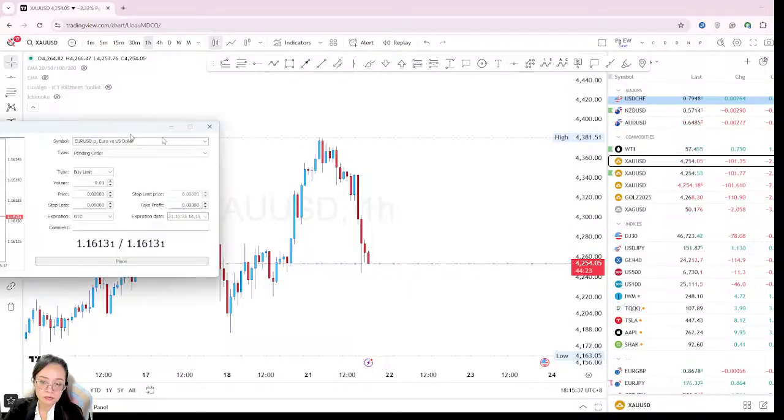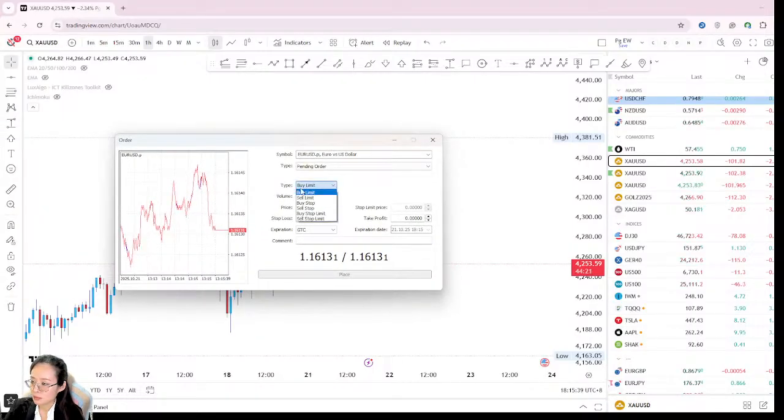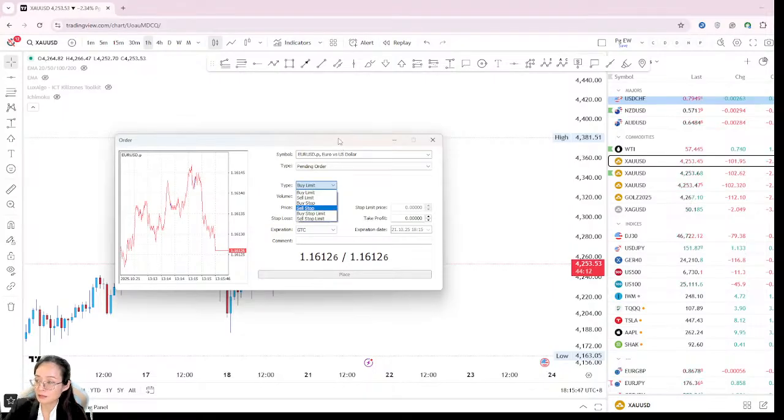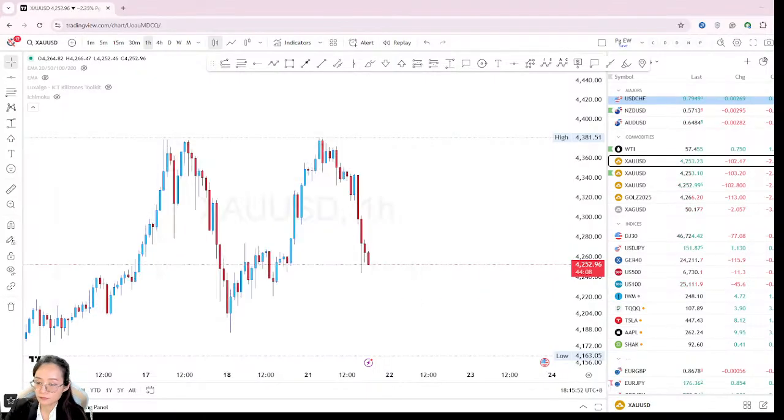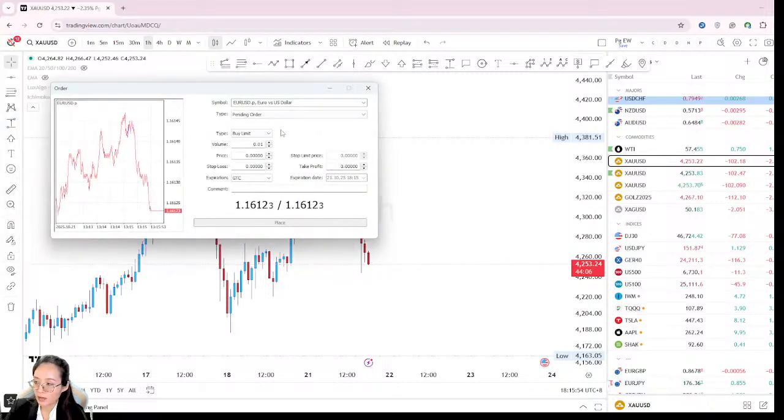You should use buy limit or sell limit for the pullback, or you can use buy stop limit or sell stop limit, which is better. MT5 has those, but MT4 doesn't. MT4 only has buy limit, sell limit, buy stop, sell stop. That's it.